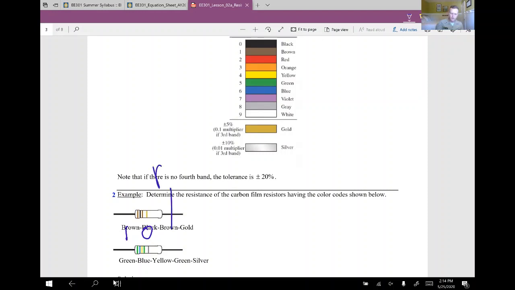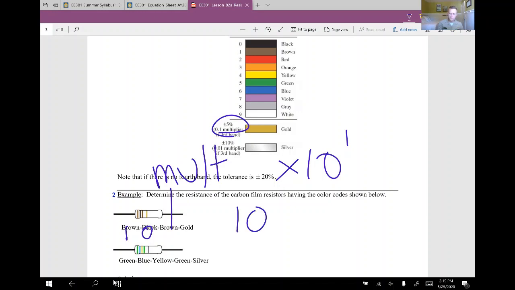This is like saying times 10 to the 1, so it adds another 0 on it. And then the gold says plus or minus 5%. So 10 times 10 to the 1 gives me 100 plus or minus 5%. That's in ohms.